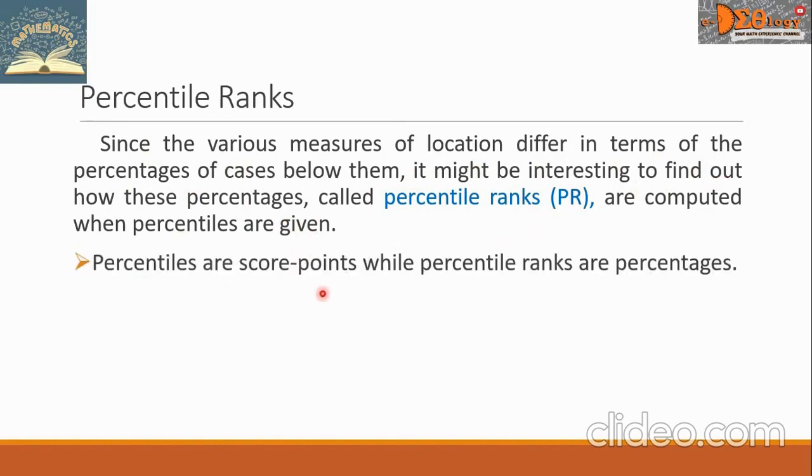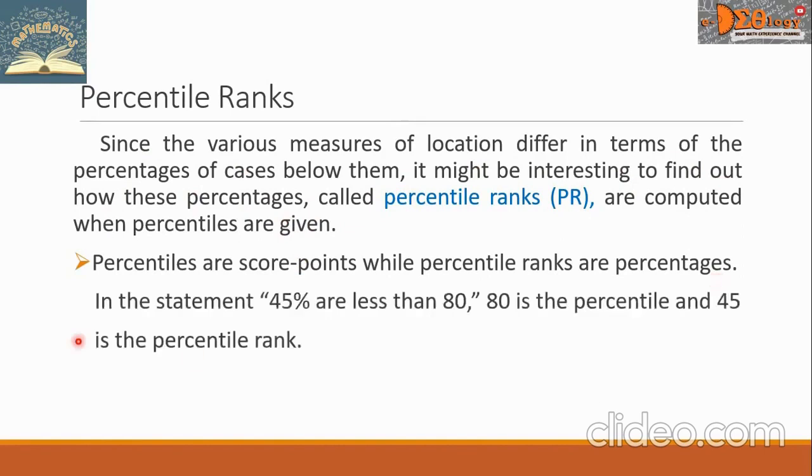Percentiles are score points, while percentile ranks are percentages. In the statement 45% are less than 80, 80 is the percentile, and 45 is the percentile rank. Therefore, 80 is the value at the P sub 45, or the 45th percentile.